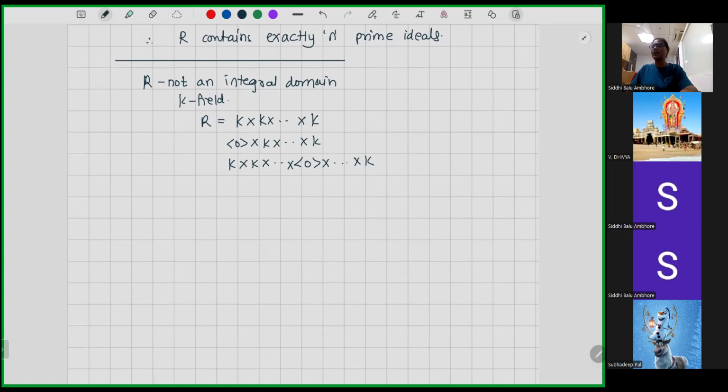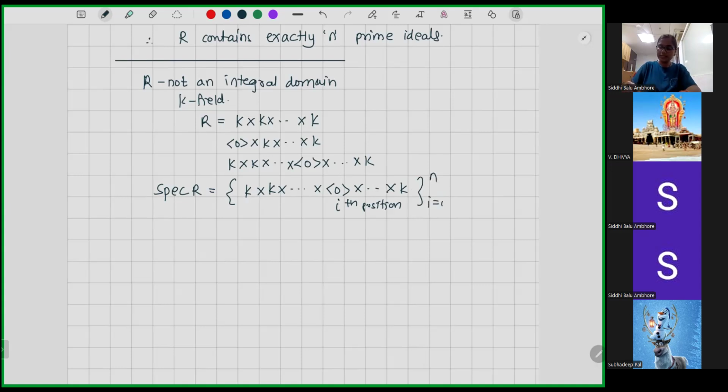Okay, and you can check this. Spec of R is equal to K cross 0 cross K in the ith position, with i from 1 to n.